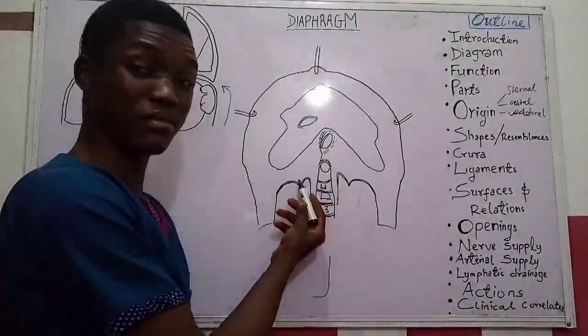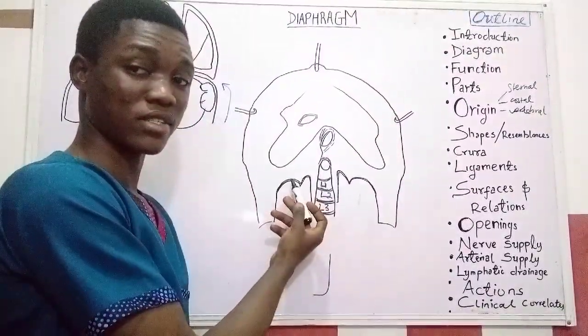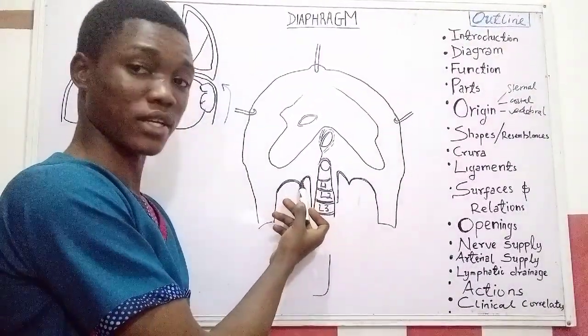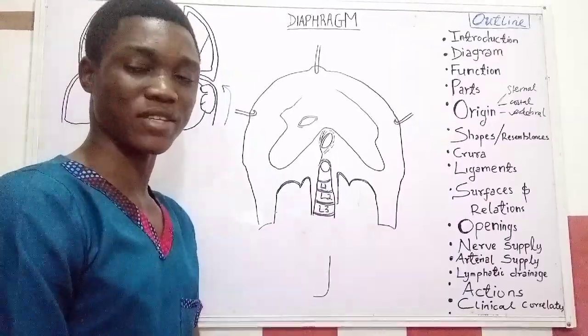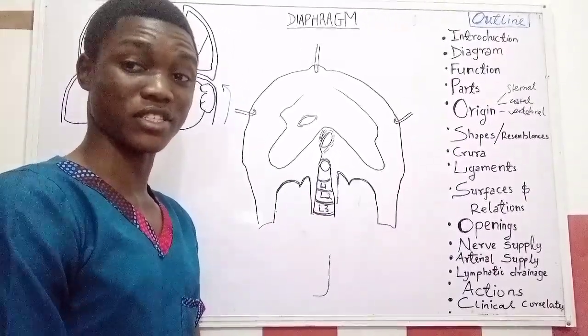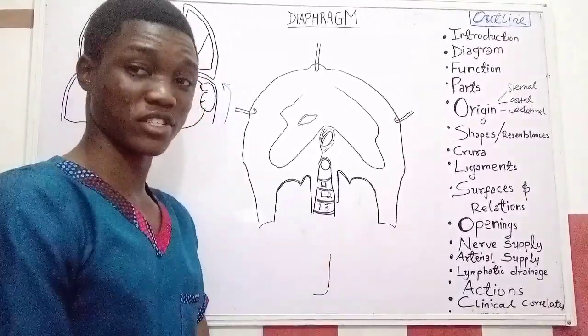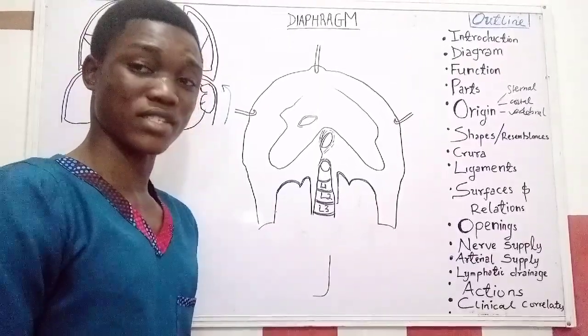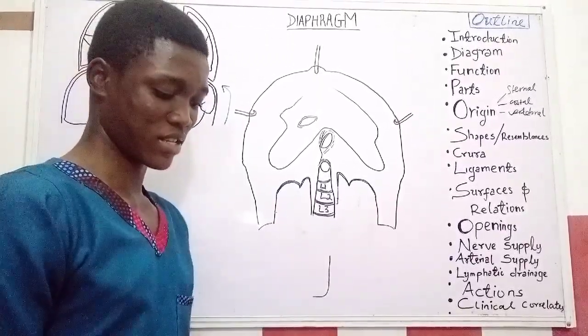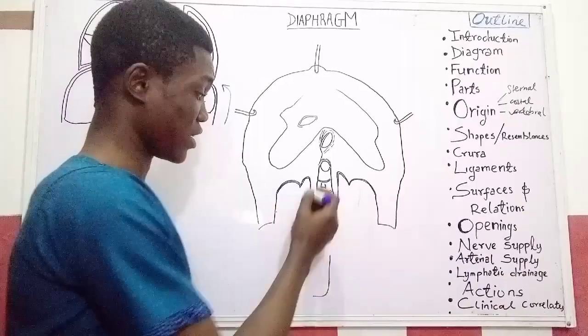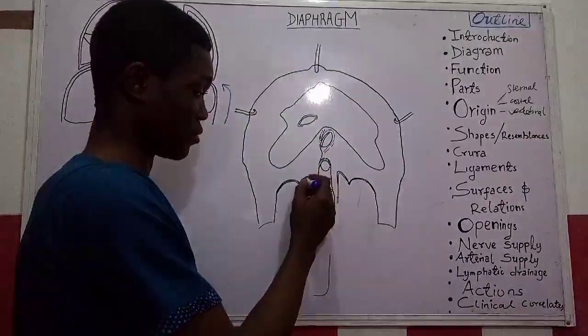Next we have the medial arcuate ligament. As you can see here, the medial arcuate ligament is the thickened upper margin of the psoas fascia. So the psoas fascia is a fascia that lines the psoas muscle.